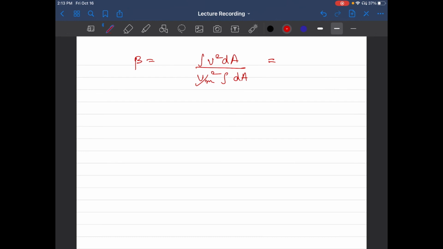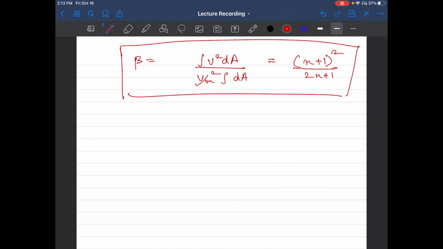So your final answer, which again I would leave up to you to derive, should have the form n plus 1 square divided by 2n plus 1. So with this, we have developed an understanding of why we need these correction factors, and how we would use them in Reynolds transport theorem would ultimately become clear when we go to our module 2 that would deal with conservation laws.